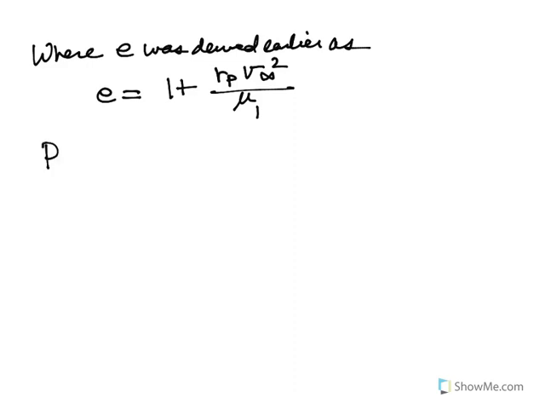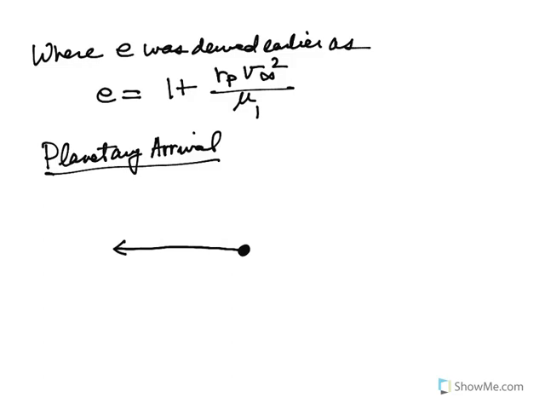This is planetary arrival, and again, we're dealing with the case where we're going from an outer planet to an inner planet. So planetary arrival looks like this: here's the orbit of planet 2. Planet 2 is moving with a circular speed in this direction, which is labeled vc2.